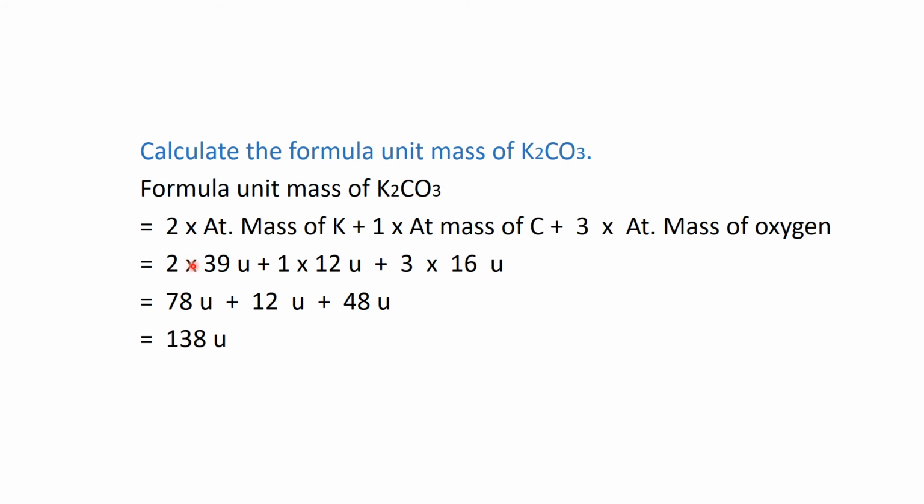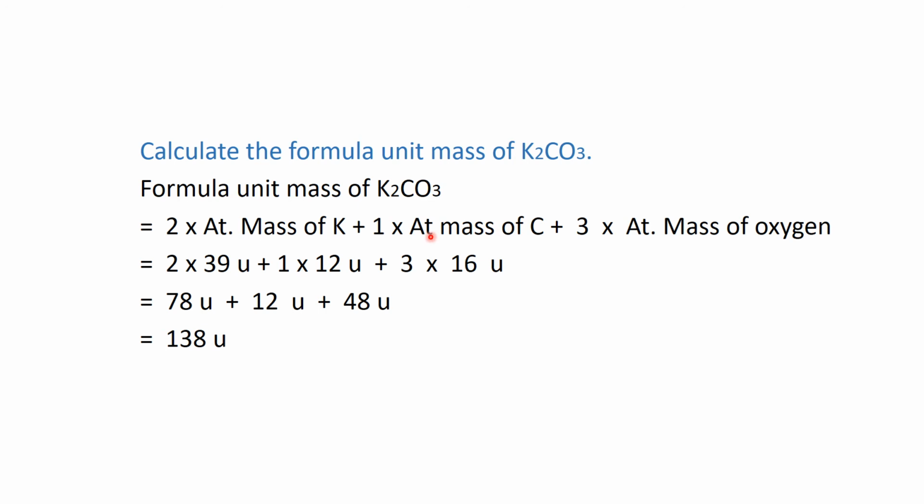So 2 multiply atomic mass of potassium, which is 39 unit. So 2 multiply 39 unit plus 1 multiply 12 unit plus 3 multiply 16 unit, and it will be 78 unit. That is the mass of potassium, because 2 atoms are there, so it will be 78 unit.